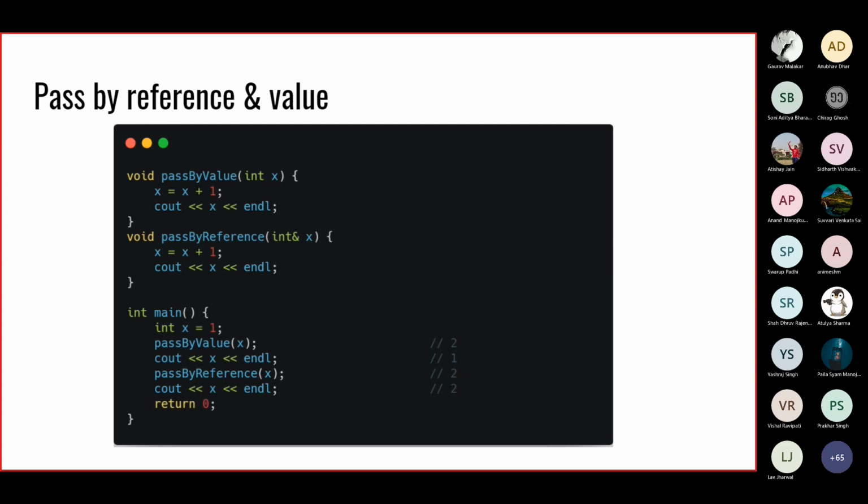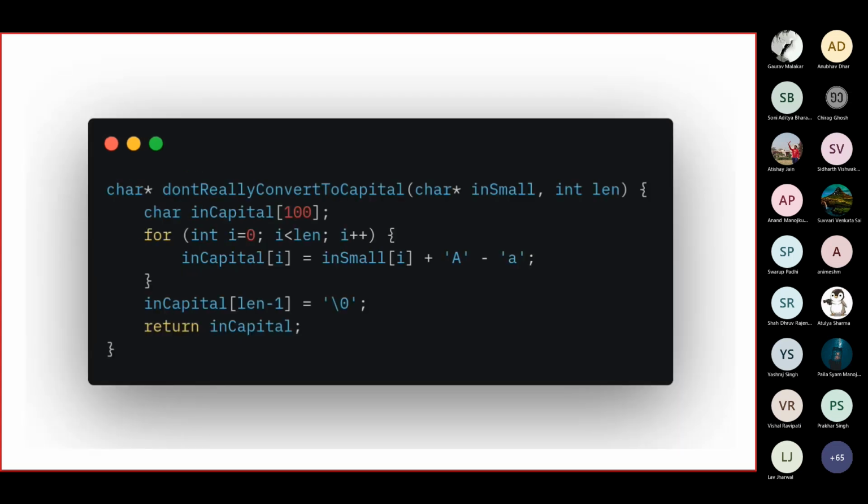So it's somewhat similar, like we have some pointers working in the background and doing things for us. If anybody is interested, they can search more about how L values and R values work in C++. I'll tell you some links in which you can search it at the end of the presentation.